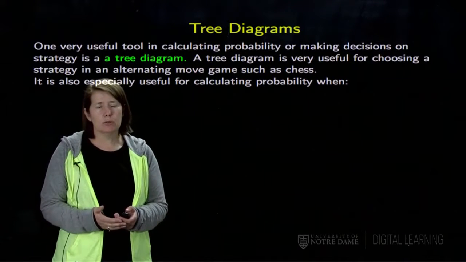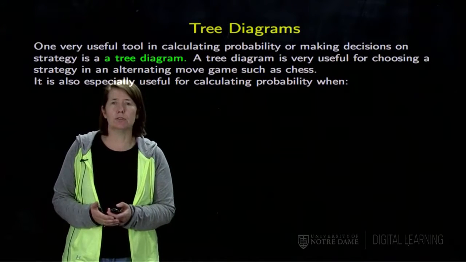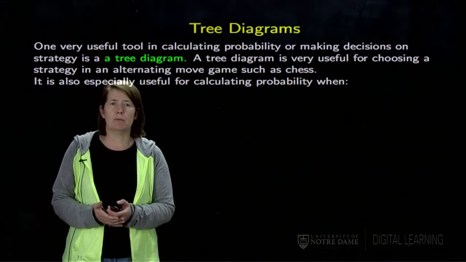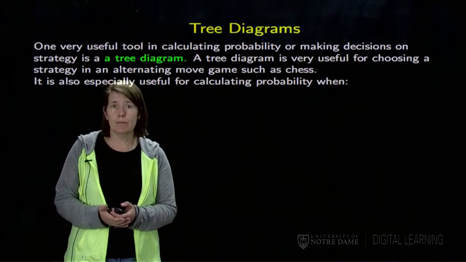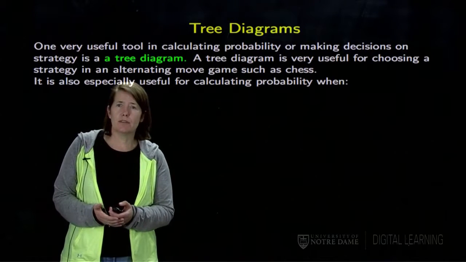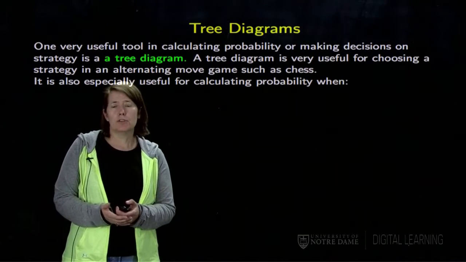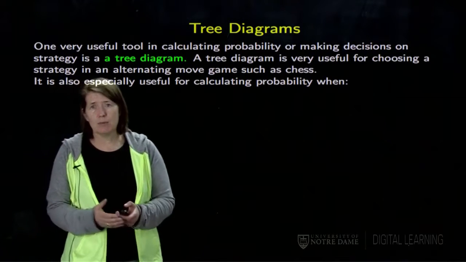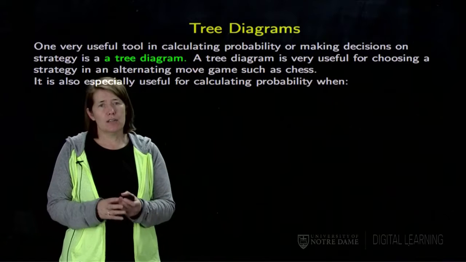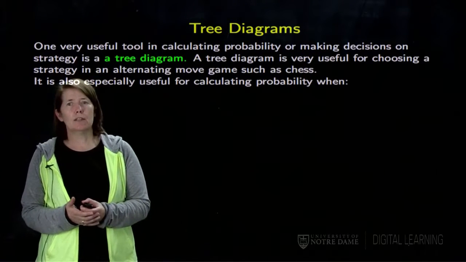One of our main tools, and a very useful tool in calculating probabilities and making decisions, is a tree diagram. A tree diagram is very useful for choosing a strategy in an alternating move game, such as perhaps chess, although that's a very large tree diagram to work with.